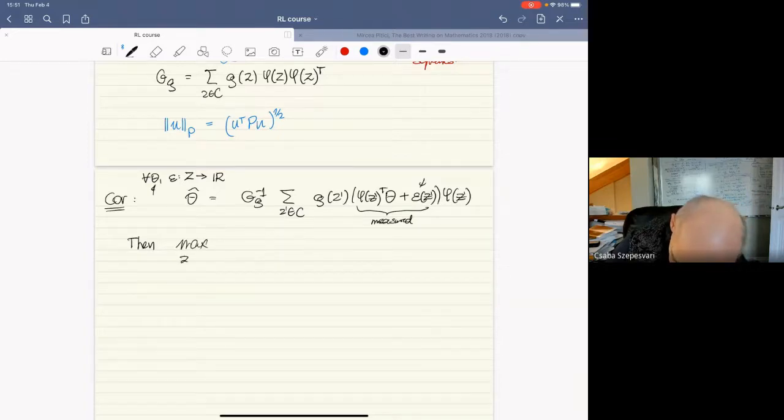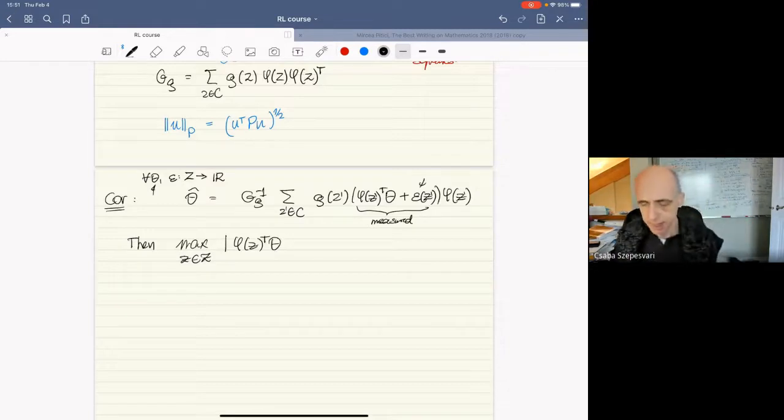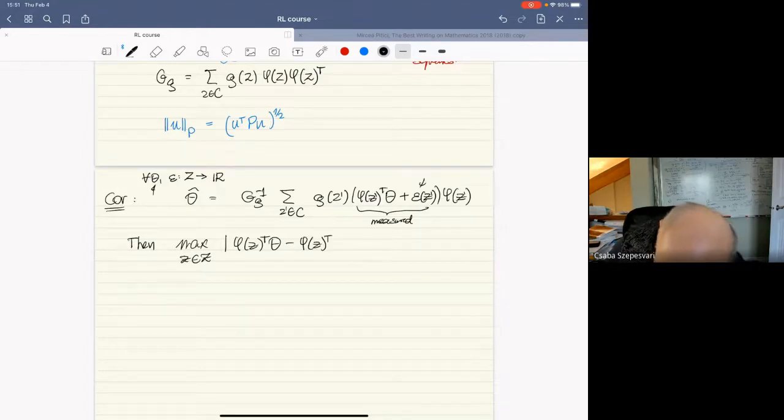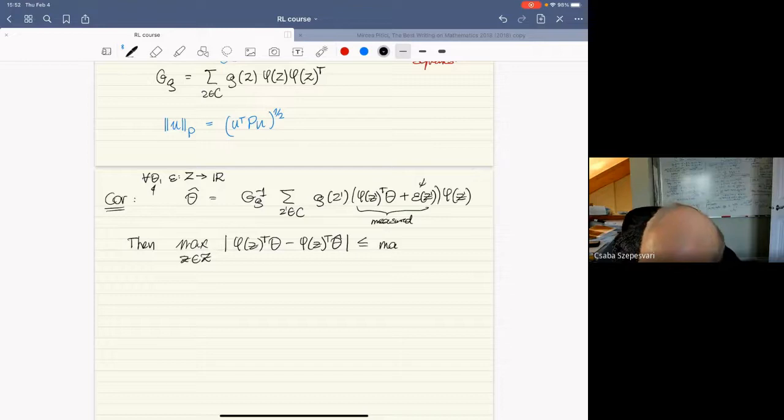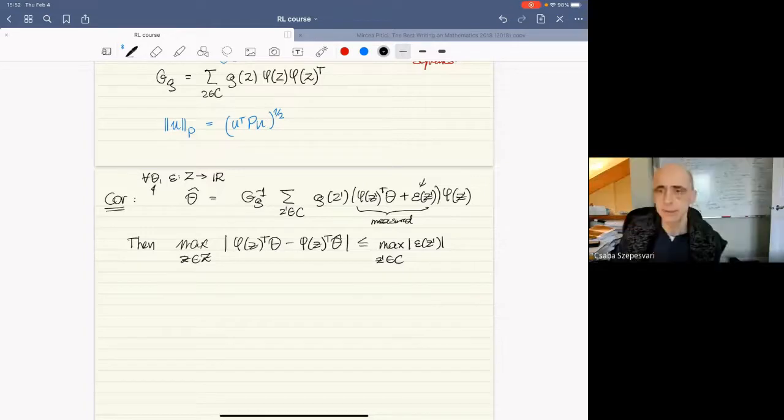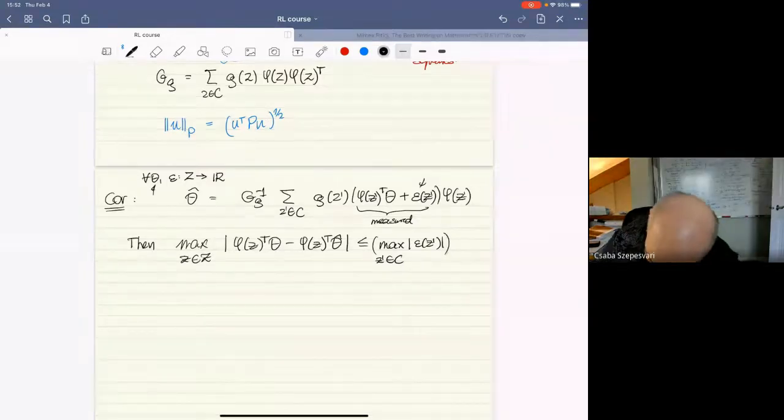The maximum over all values of Z of the errors of predicting what the parameter vector theta would predict versus what we are going to predict with least squares is going to be at most the error that this epsilon takes, but just over C. Okay, so that's very nice. It should be times square root D.